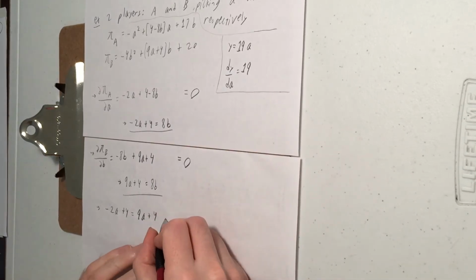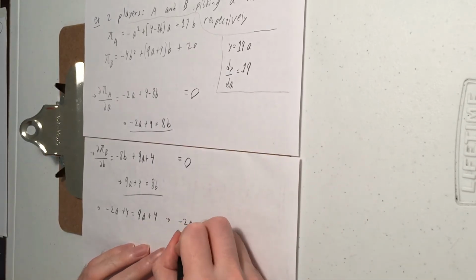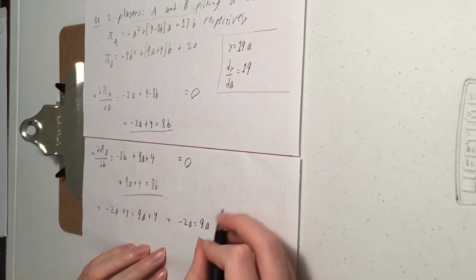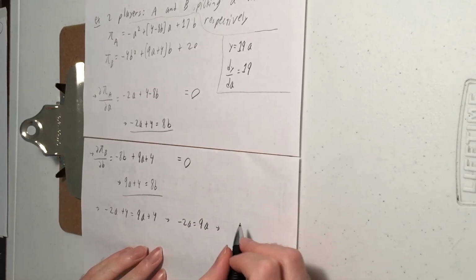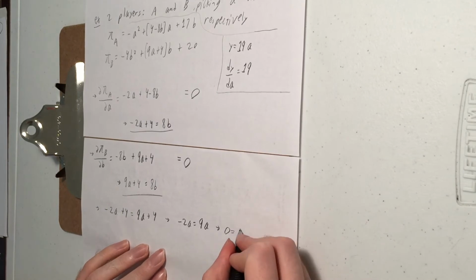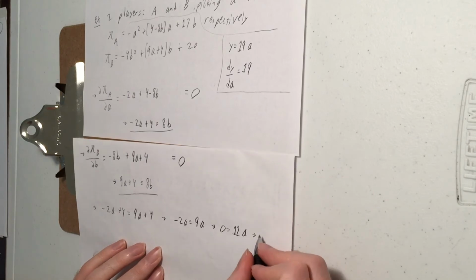So the 4's cancel, and we get minus 2a equals 9a, which means that we have 0 equals 11a. So we get that a equals 0.